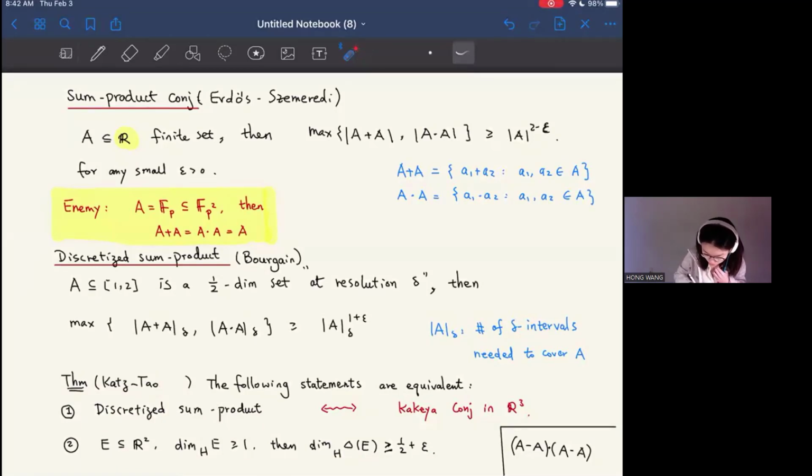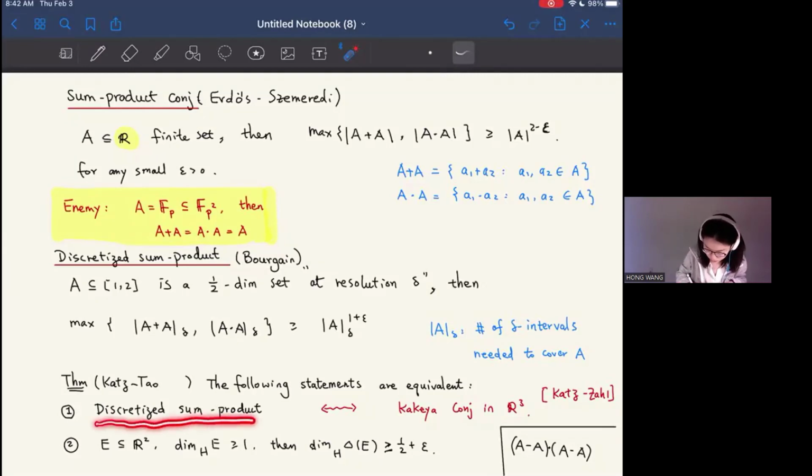Also, I want to point out that the best known bound for the Kakeya conjecture in R3, by Katz and Zahl, was obtained using, as one ingredient, something closely related to Bourgain's discretized sum-product theorem.